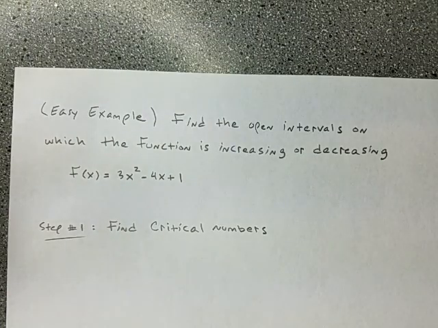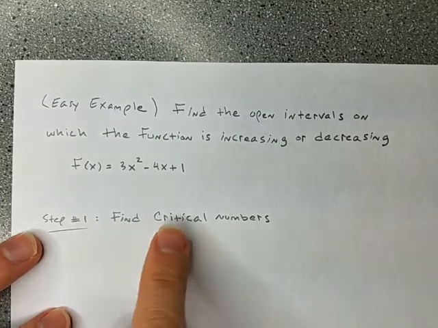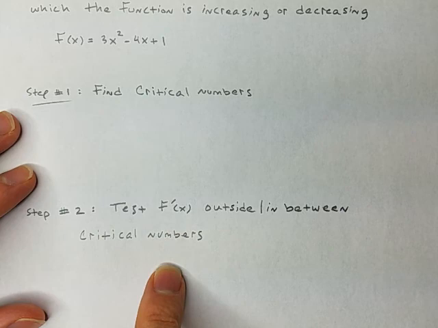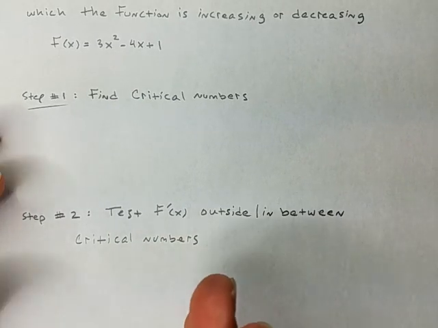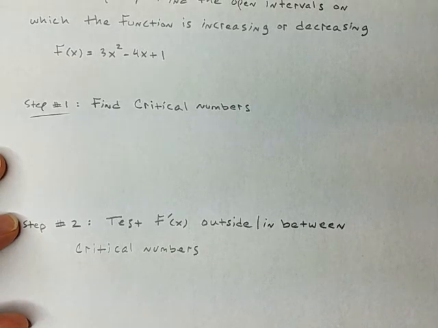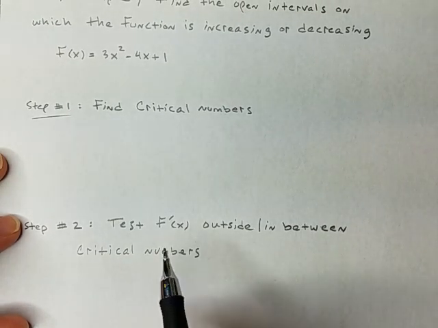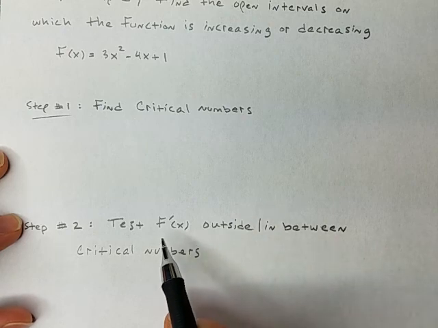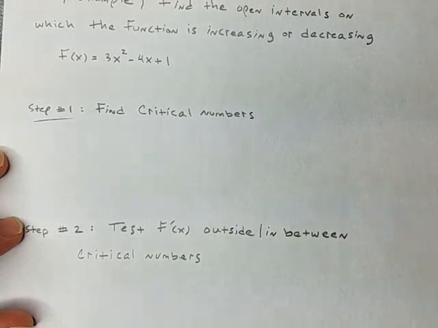The way that we'll do it is find the critical numbers and then test the derivative outside of or in between the critical numbers to see if it's positive or negative. Remember, if the derivative is positive, that translates to rising or increasing. If the derivative is negative, it translates to falling or decreasing.